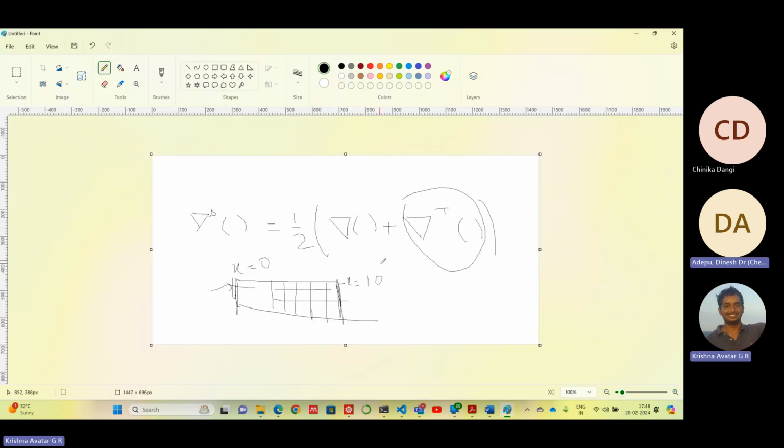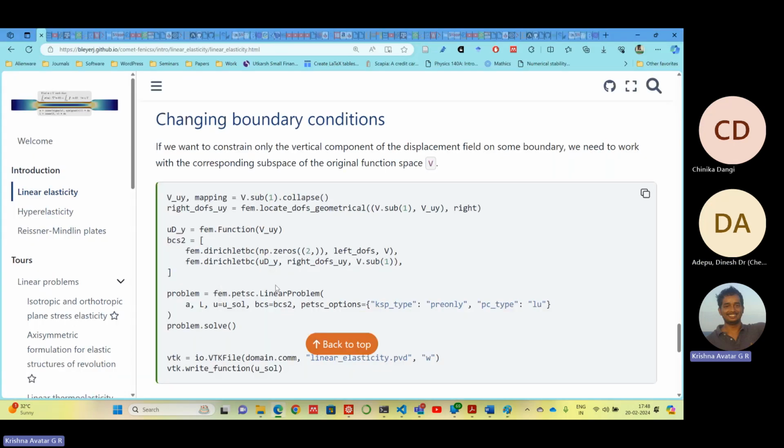So we have this body here, and it's not allowed to move in the x direction, but it is allowed to move in the y direction. So we have a roller. It can move vertically upwards and downwards, but it cannot move this side. This side is not allowed. Exactly. So these are more complicated boundary conditions.